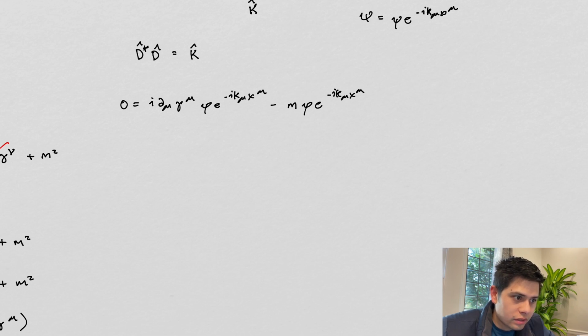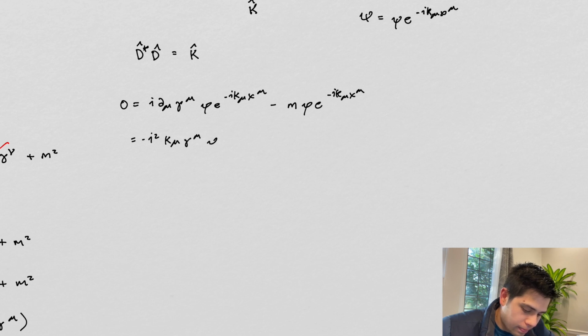Well, what does this give us? When we take this derivative here, we're just going to drop down the k mu, right? And we're going to be able to get rid of that i, right? So we're going to get equals minus i squared k mu gamma mu, like this.